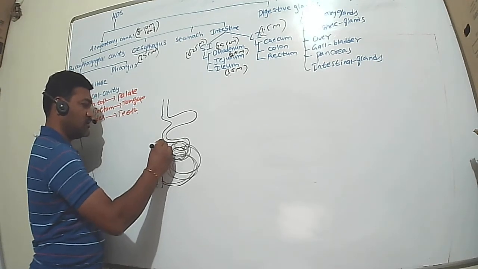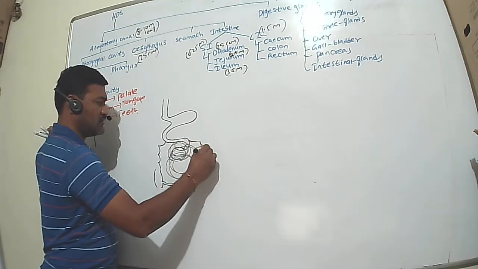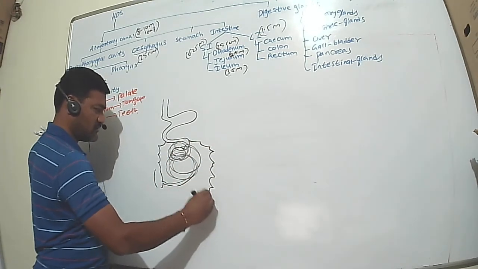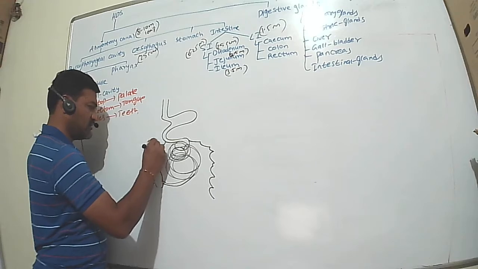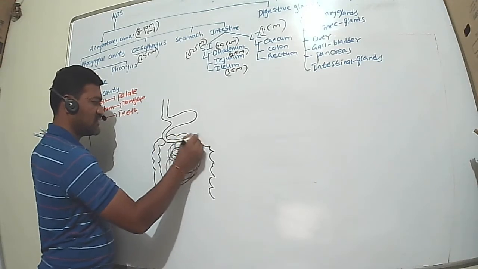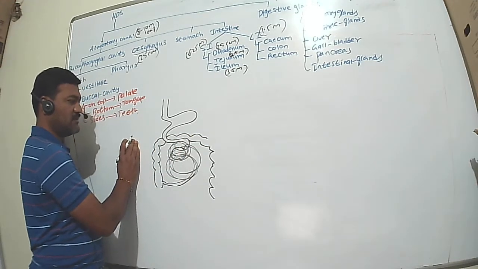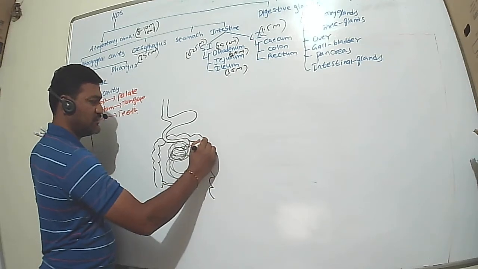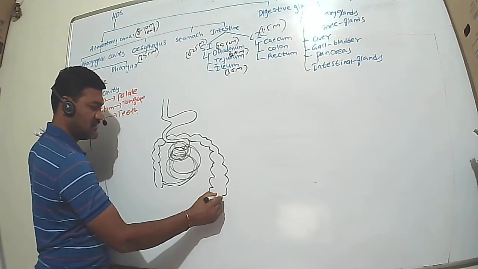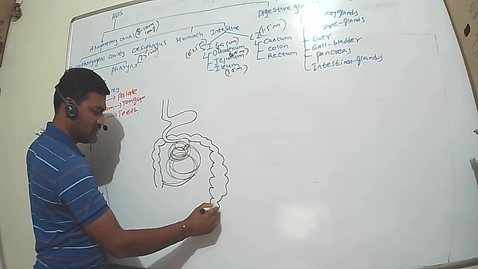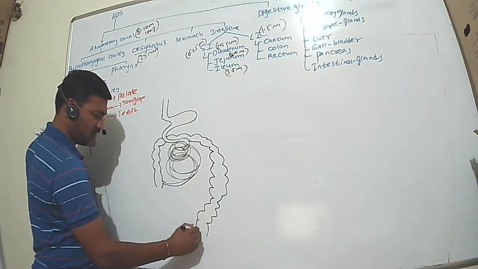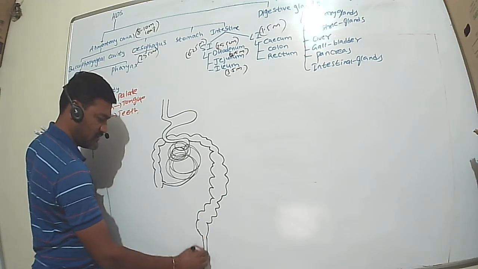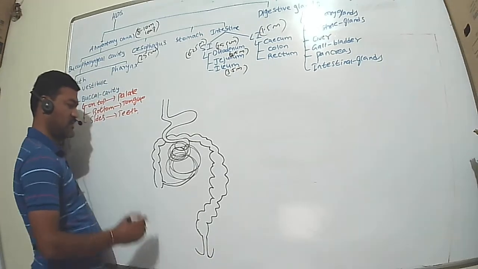It goes into the colon, and in the colon you have the ascending colon. This is the transverse colon which runs from the liver side to the pancreas side, and then you have the descending colon, and then the oblique one is the sigmoid colon, and then you have the rectum, and then this is the anal canal, and this is the anus.